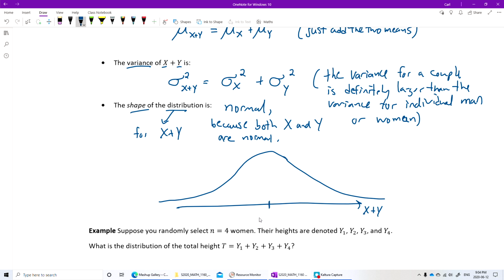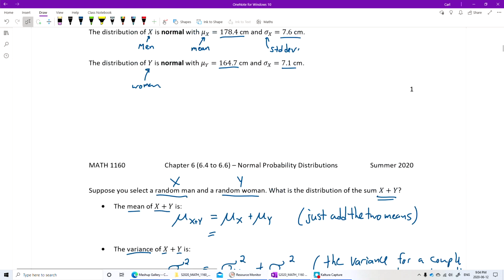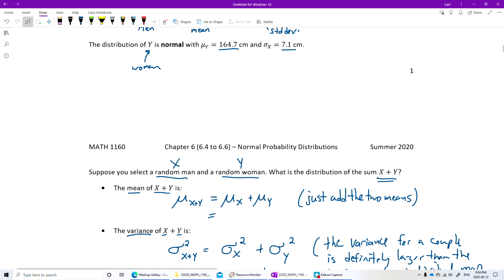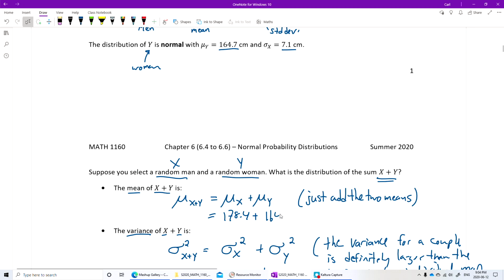with the mean here being mu x plus mu y. Oh, we didn't even calculate it. We should have calculated it up here. So what is the mean for men? It was 178.4, and women was 164.7. So what's the total? 343.1.